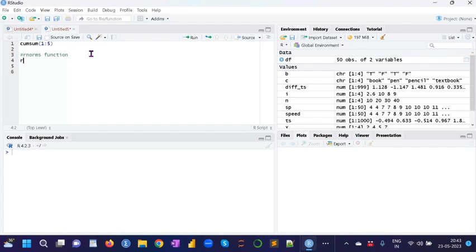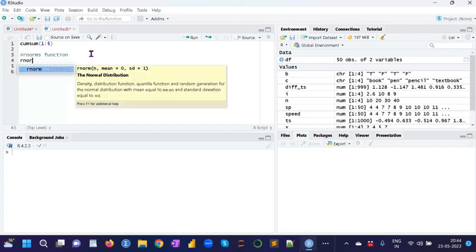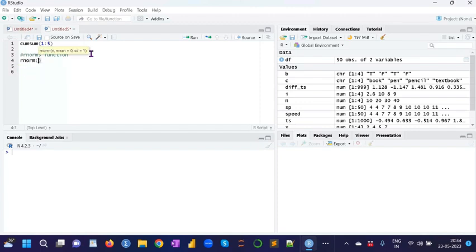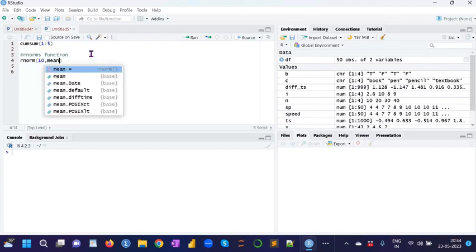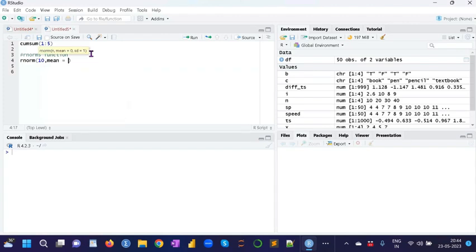So in rnorm I pass 10, that is 10 values, and mean is equal to 10, because I have passed 10 values, and lastly sd is equal to 2. Standard deviation is 2.